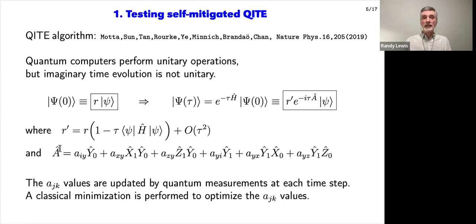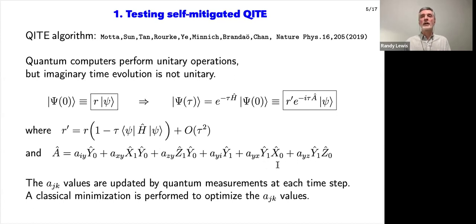And capital A can be written as some general linear combination of Pauli strings. Notice that ours is just a 2-qubit calculation, so we only need 1 Pauli or 2 Paulis per term. But notice that we didn't write down all possible 1 Pauli terms and all possible 2 Pauli terms.